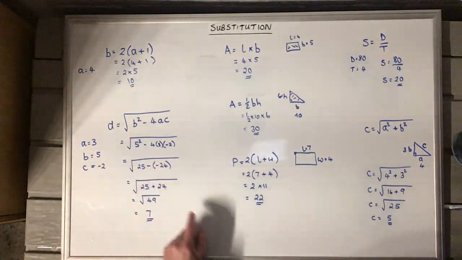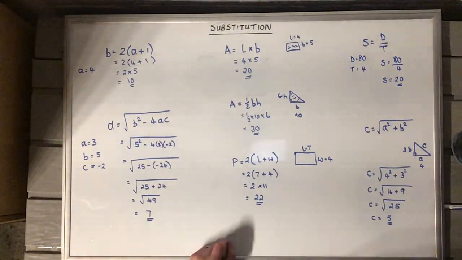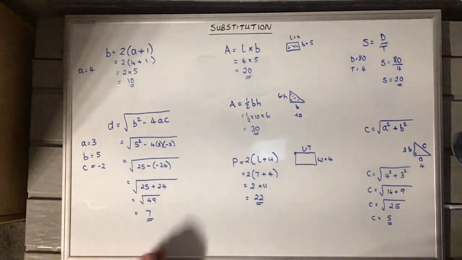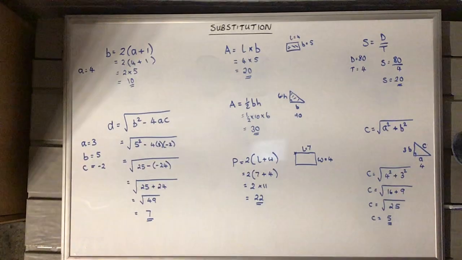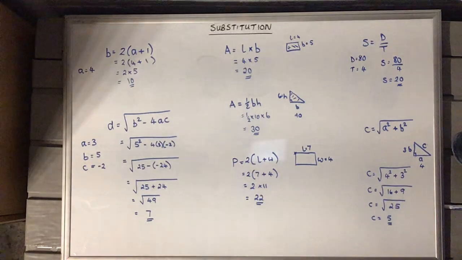And we put our values in, and we had to be careful about negative signs here, and we had to know the rules for integers, and we have to know what a square root is, and we got a value of 7. We then talked about common or well-known formulas or equations that you get in mathematics, and we started off with the area of a rectangle, and that should be dead easy, and most people should know that already.